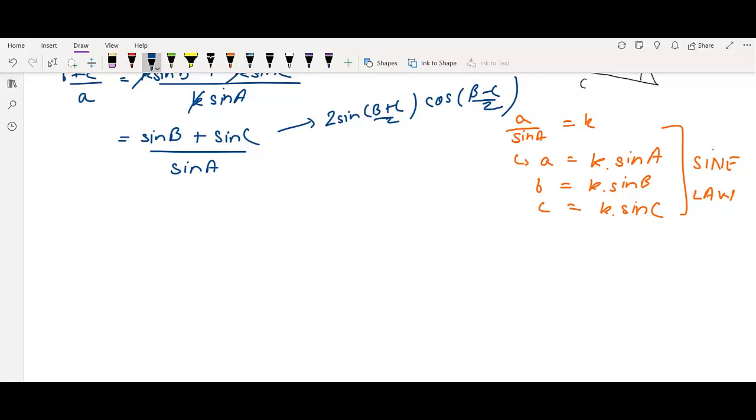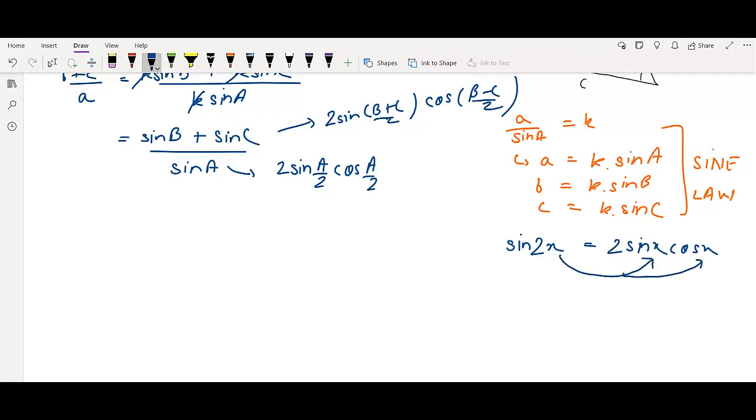And also, by the way, sine a can be decomposed to 2 sine a by 2 cos a by 2, right? You know why that is? Because sine of 2x equals 2 sine x cos x. The value of the angle gets halved once it comes to the right hand side.